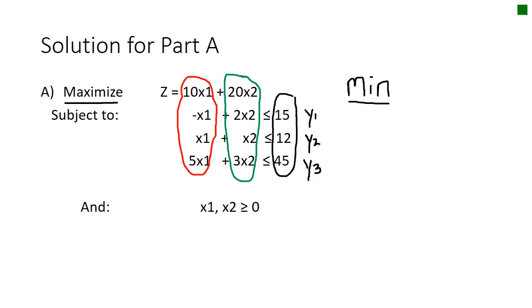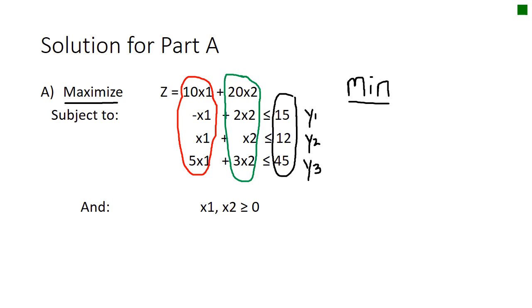So the way we're going to read this is that we're going to have negative y1 plus y2 plus 5y3 needs to be greater than or equal to 10.